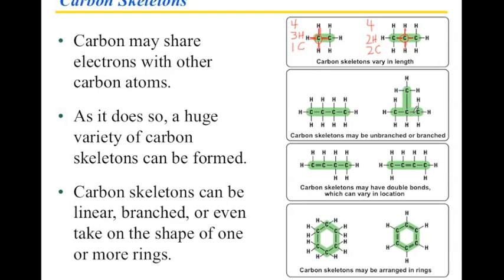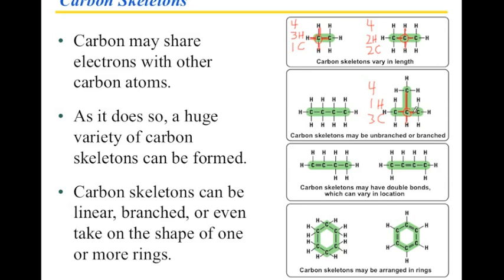Now you can play by sticking things out and making branches. And ultimately, there isn't really much of a change when it comes to the configuration. But look what happens to this carbon here. This one has 1 covalent bond with hydrogen. So it has its own 4. It has 1 with hydrogen and 3 with carbon. 1, 2, 3.